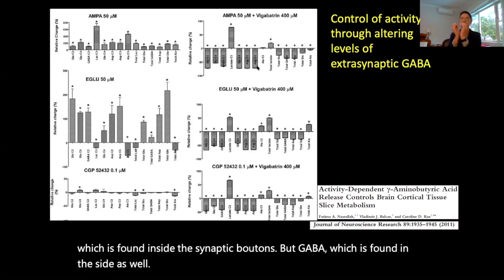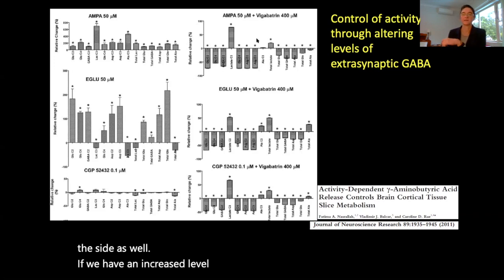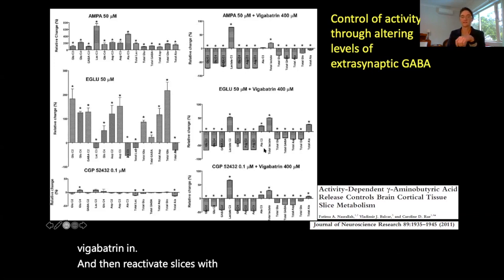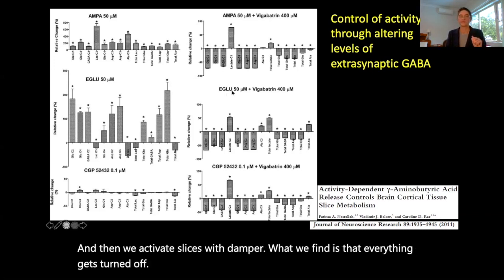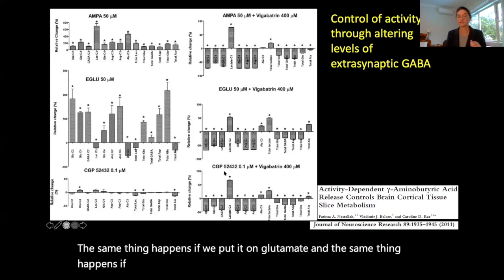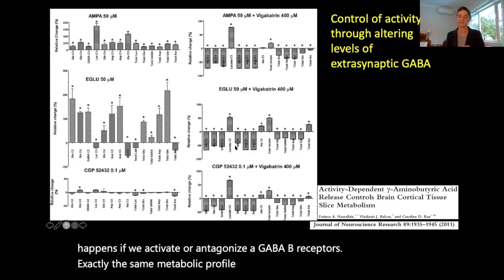If we have an increased level of extrasynaptic GABA because we've put vigabatrin in, and then we activate the slices with AMPA, what we find is that everything gets turned off. The same thing happens if we put ethyl glutamate in, and the same thing happens if we activate or antagonize the GABA-B receptors. Exactly the same metabolic profile, no matter how we've activated the slices.